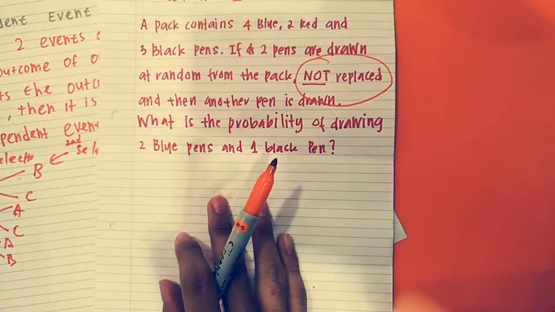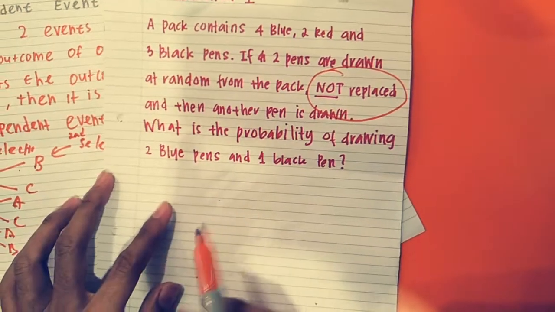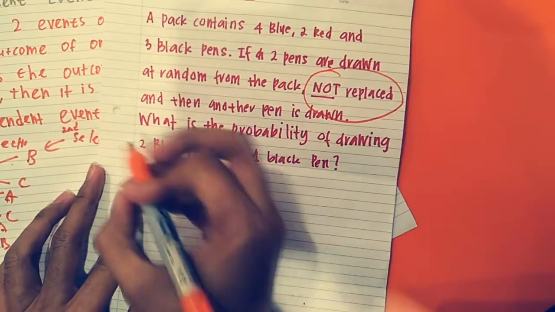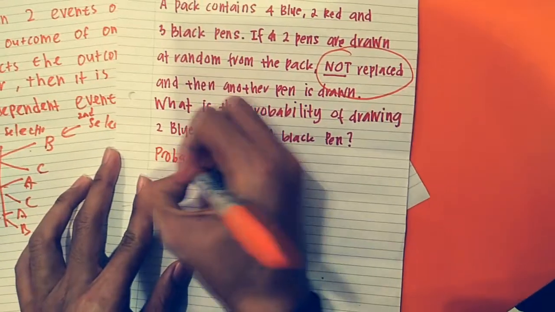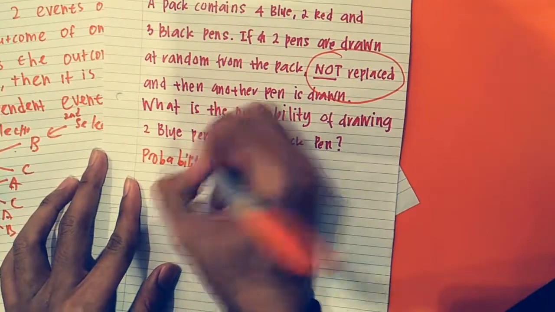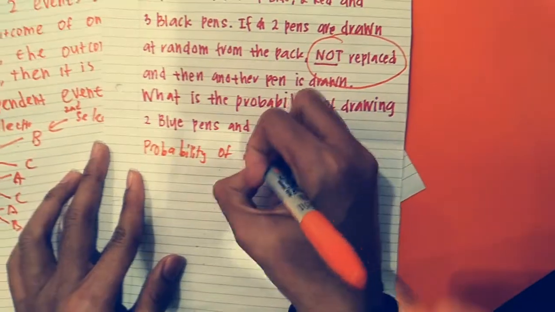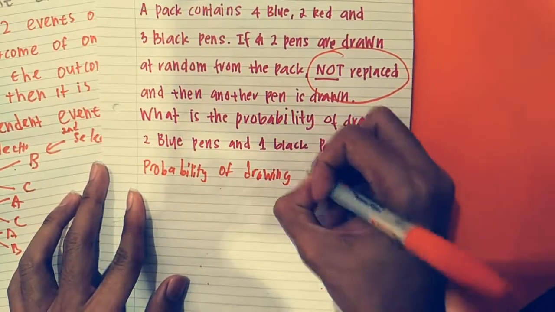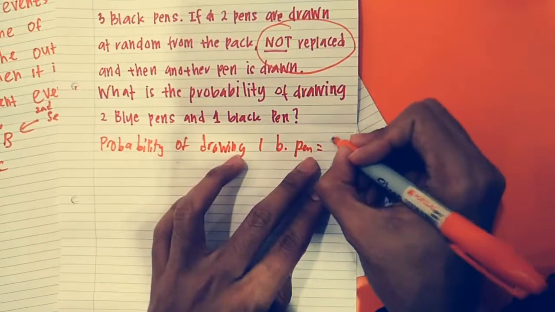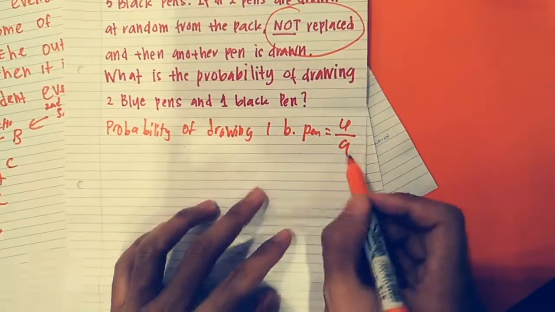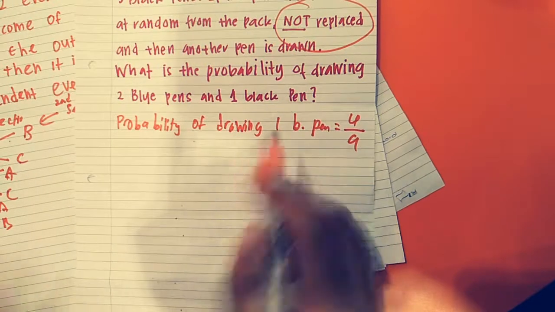Okay, like the first question, the probability of drawing one blue pen is equal to 4/9. This is when the total of pens is 9.